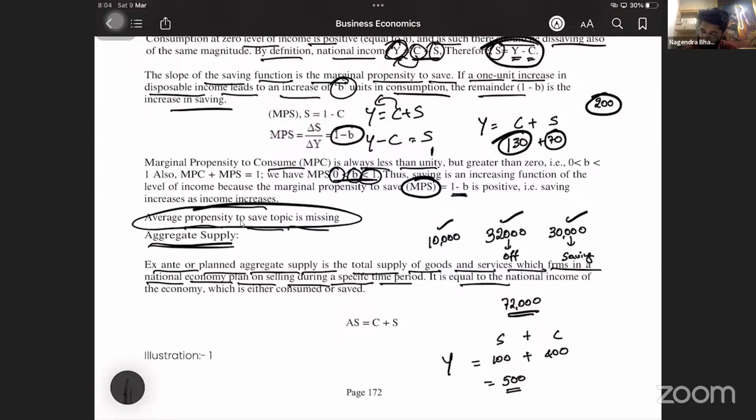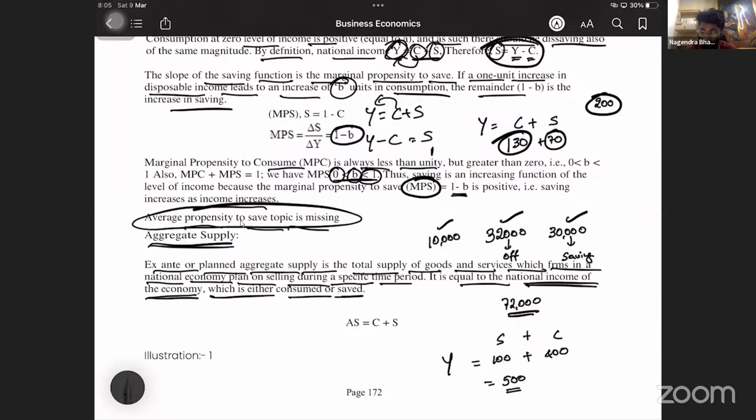It is equal to the national income of the economy. What a country wishes to sell in a year will be considered as national income.